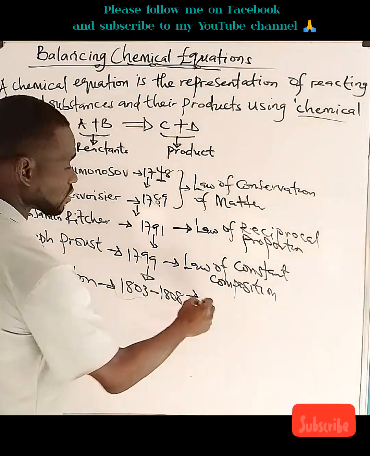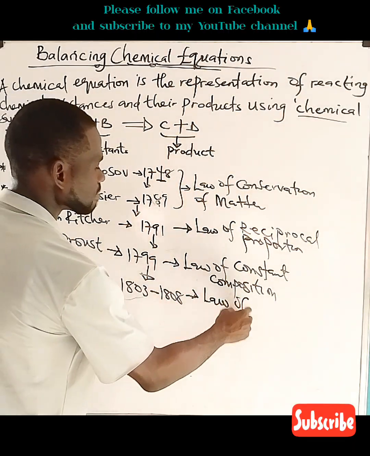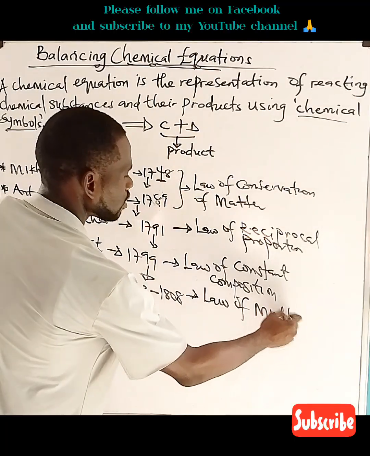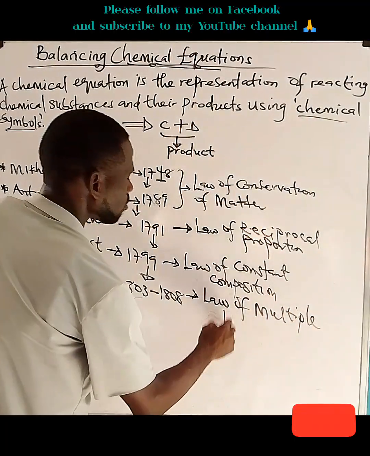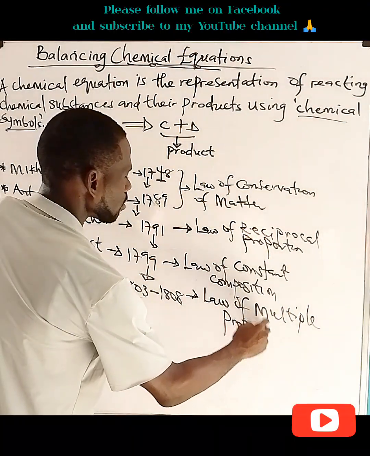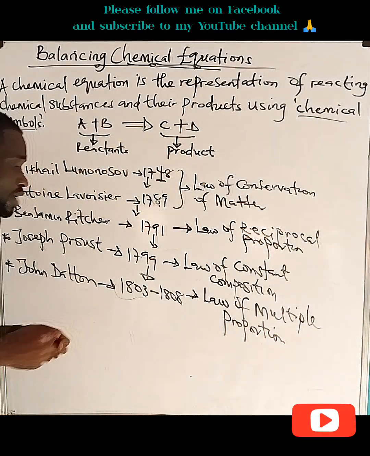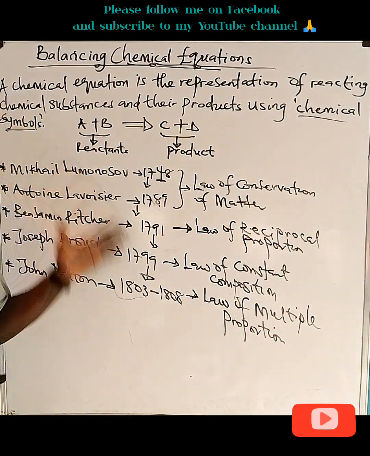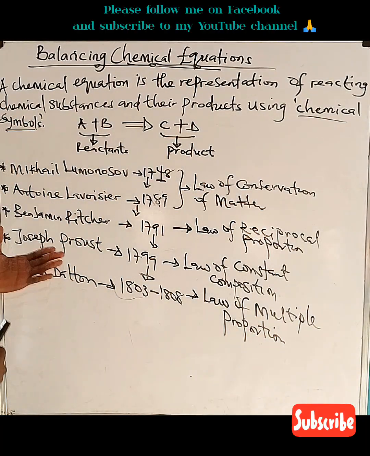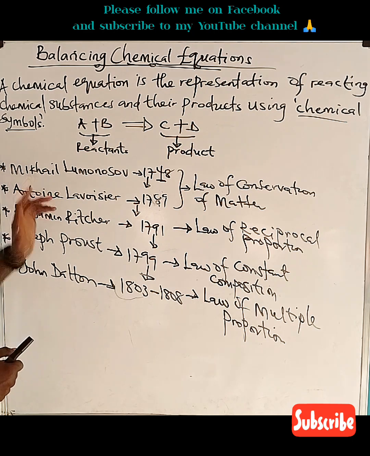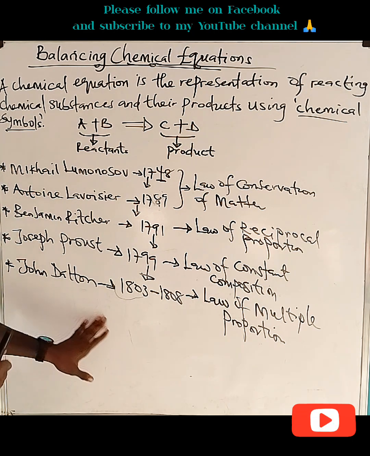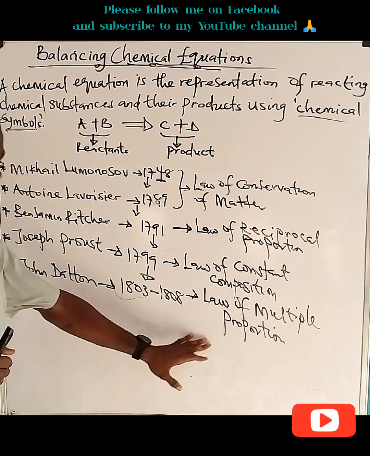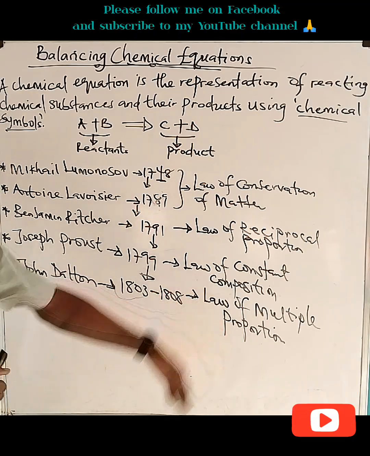He worked on the law of multiple proportion. So this great set of scientists worked on various laws of chemical combinations. As you can see, from Mikhail Lomonosov that started the whole journey, down to John Dalton that did a very beautiful work on the law of multiple proportion.